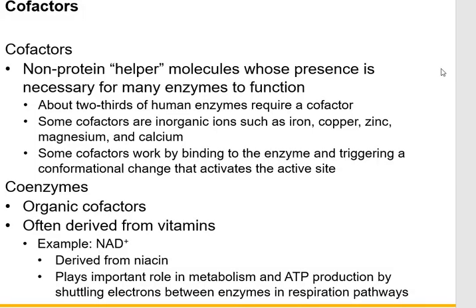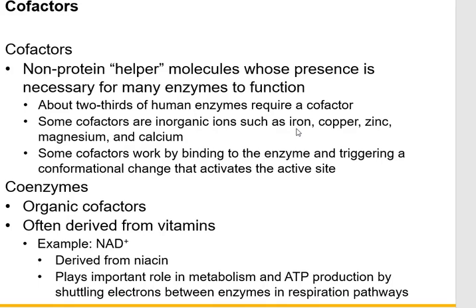It is cool. A lot of the proteins that we have require a cofactor or a coenzyme in order to work. So some of the cofactors are iron, copper, zinc, magnesium, calcium. So when they tell you that you need to eat things that have the proper vitamins and minerals, this is what they're talking about, because otherwise you can make the protein, but then it won't work because you don't have the cofactor.